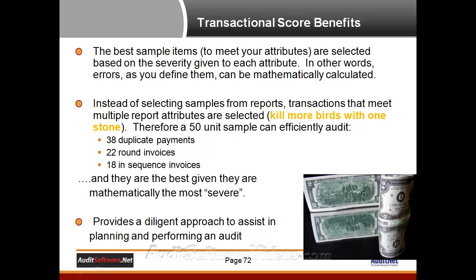And I think it's a diligent approach to performing your audit, because it becomes a consistent way of selecting transactions, as opposed to it being judgmental, which again, judgment should be a part of every audit and every auditor, but I think having a consistent methodology of how you select things can also be very valuable, that you can add your judgment to and modify and change over time. But again, consistently applied, you're going to have better results.